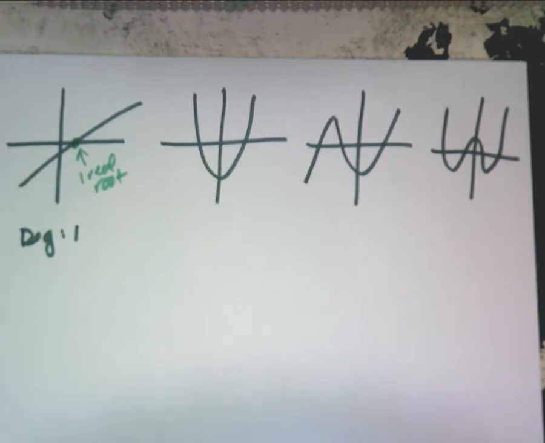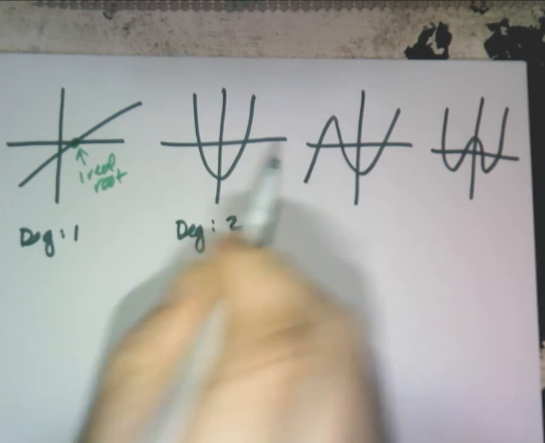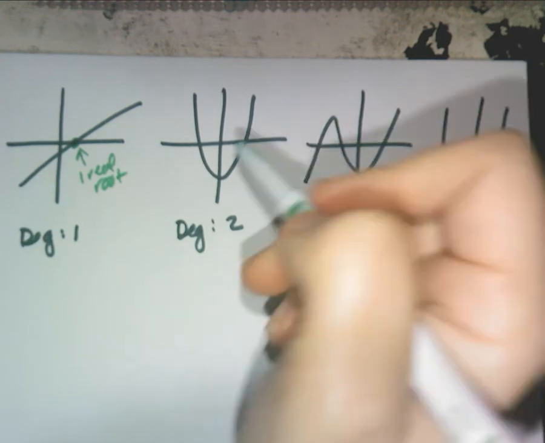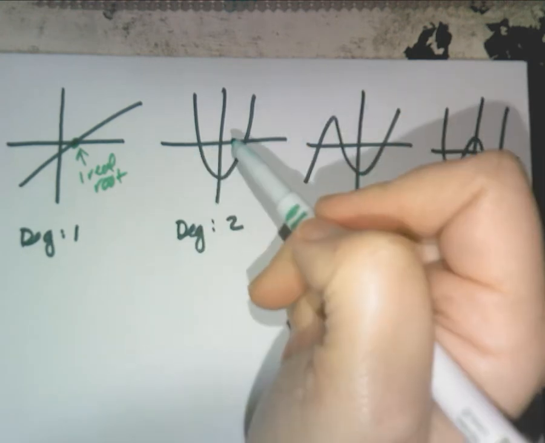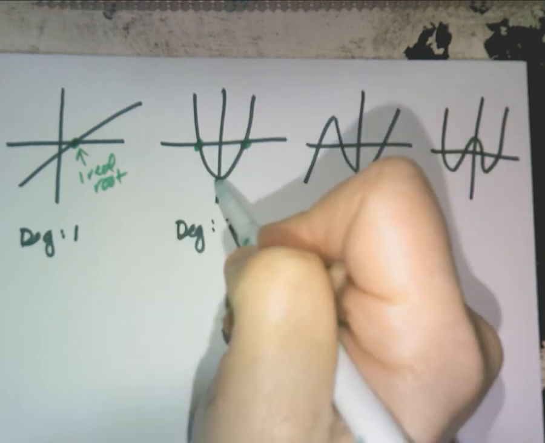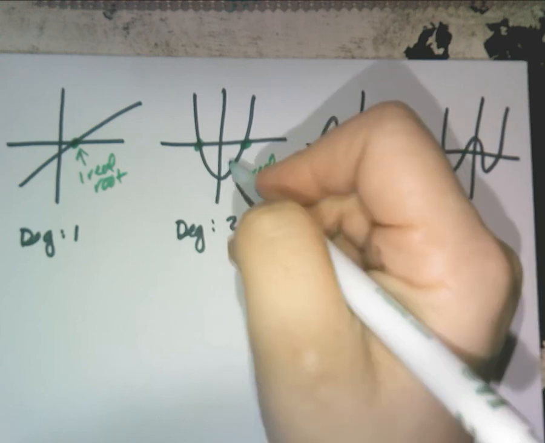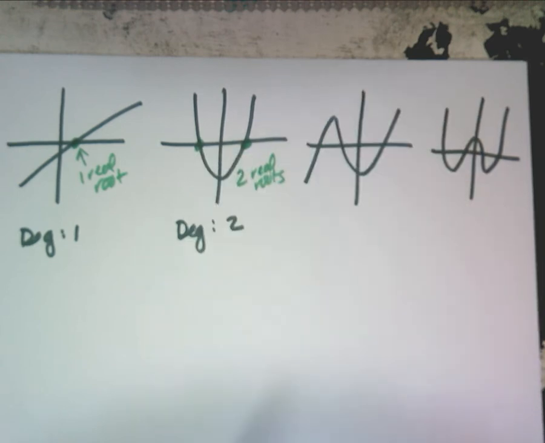This one, you should be all familiar with. What degree is this? Parabola, which is degree 2. This parabola happens to cross the x-axis at how many points? 2 points. So it has 2 real roots. 2 real roots, degree 2.